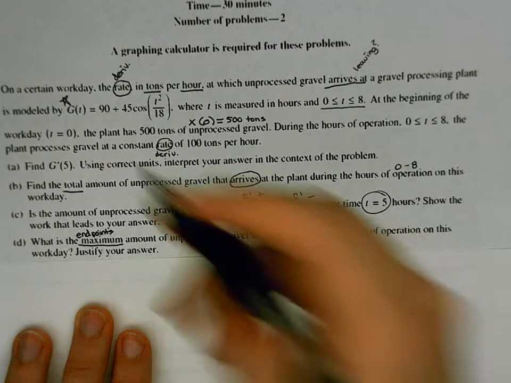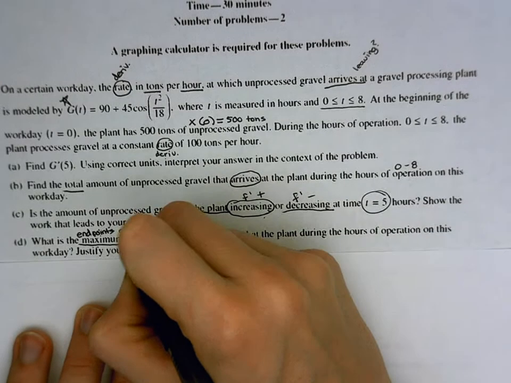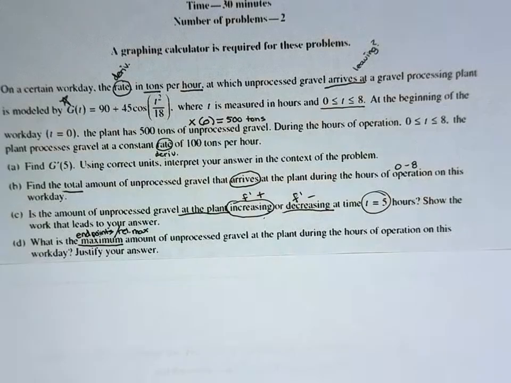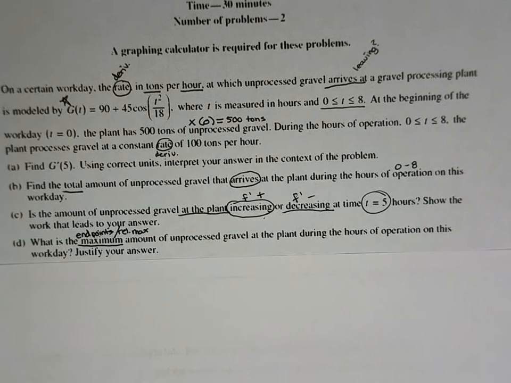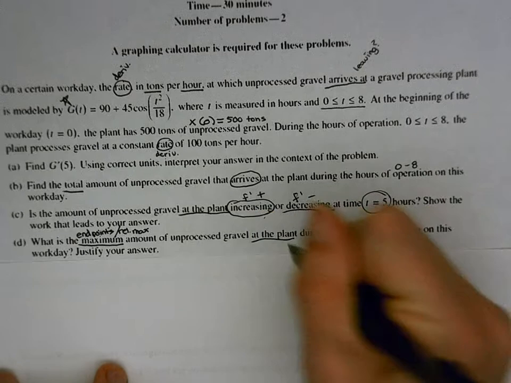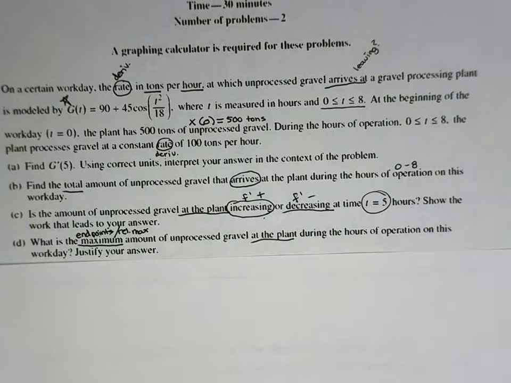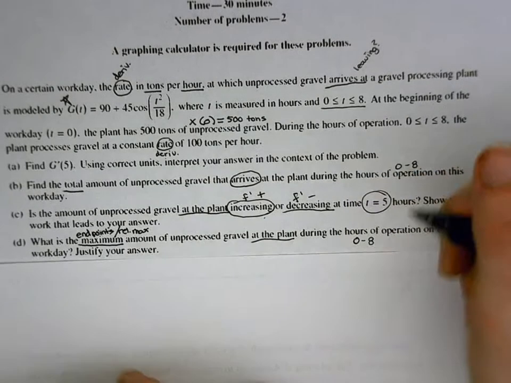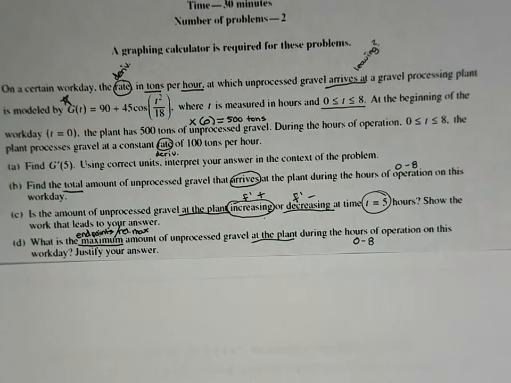Or any relative maximum. This would be the other place for a maximum. And then we're talking maximum of unprocessed gravel at the plant, so I know I'm looking at that subtraction, the G minus the 100, during the hours of operation, which I know are 0 to 8. And then justify your answer.